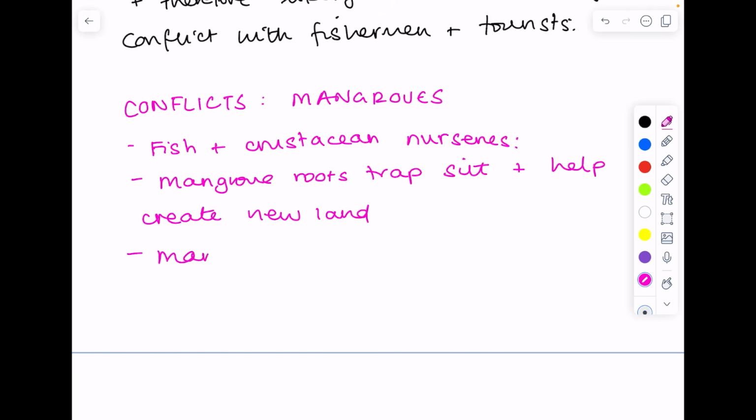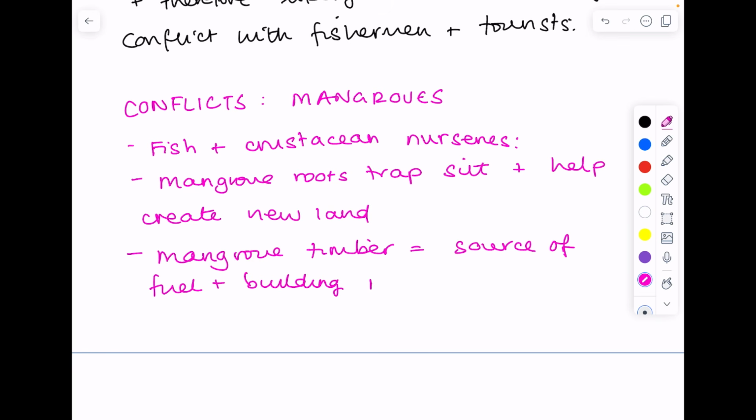Mangrove timber provides a source of fuel and building material. So we can already see a potential conflict here between the preservation, where we want to maintain our mangroves to provide fish and crustacean nurseries and for those mangrove roots to hold down the silt. But then obviously if we have humans wanting to deforest, to harvest those trees for timber, that's obviously going to cause damage.